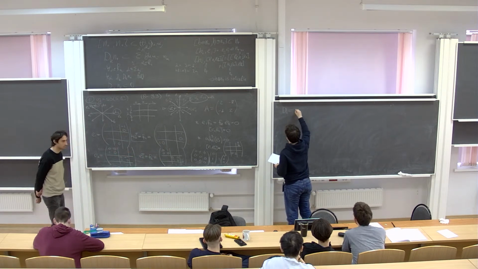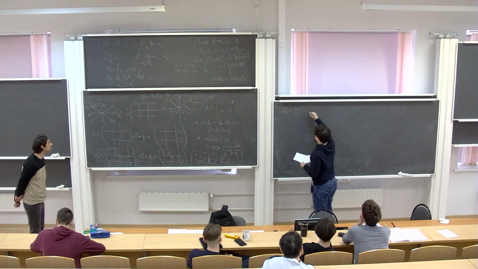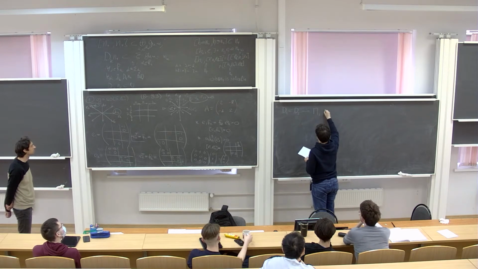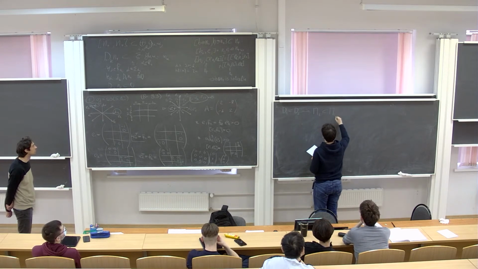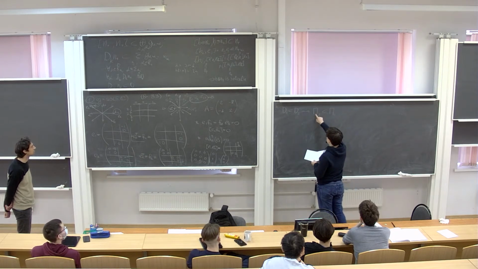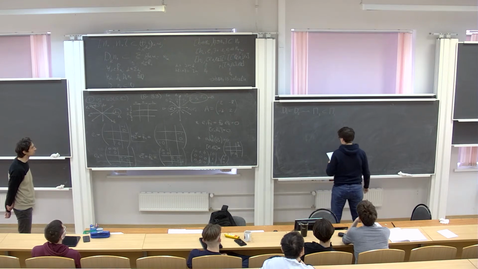We have a subdiagram D1 in D2. This induces the embedding of sets of simple roots. And the Cartan matrix of this set of simple roots is the submatrix of this set.